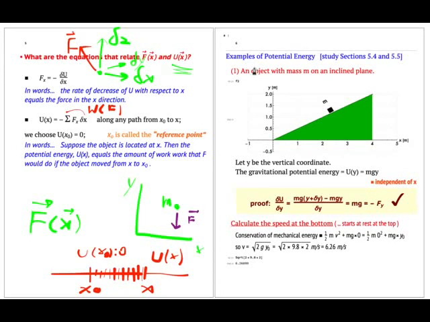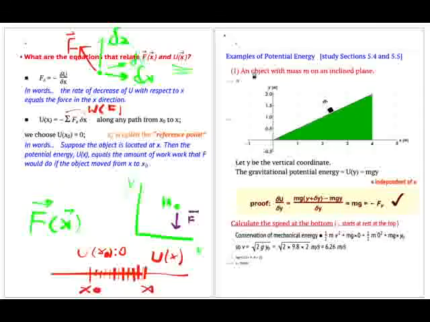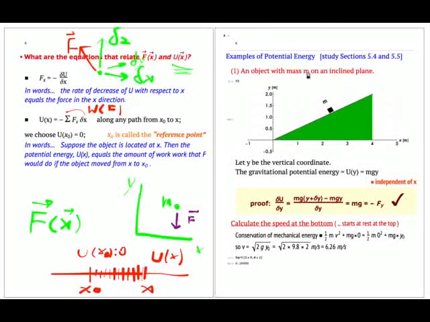Let's consider a case which you'll see in the book and on the homework and probably on the next exam. An object with mass m on an inclined plane. So I have here an inclined plane. Now the object is moving in one dimension, but in Earth's gravity there are two dimensions that are relevant.